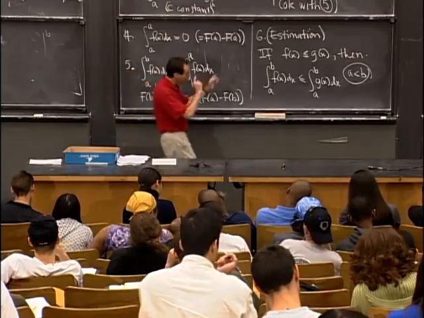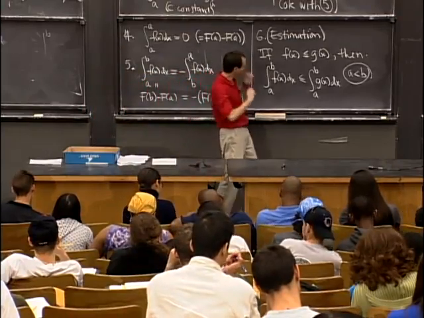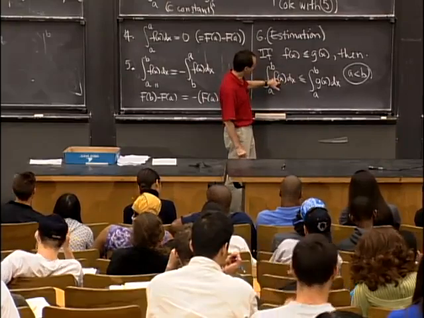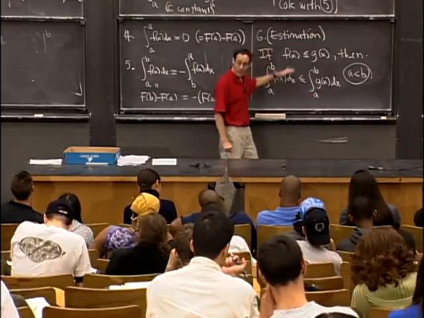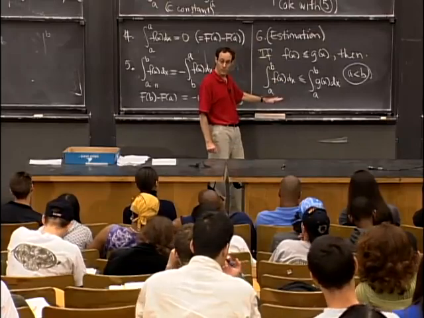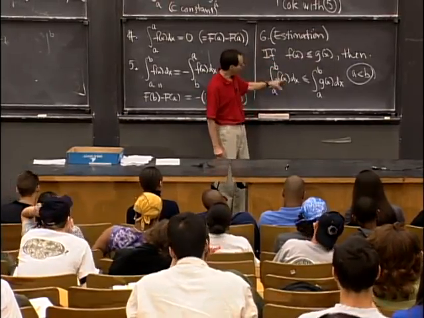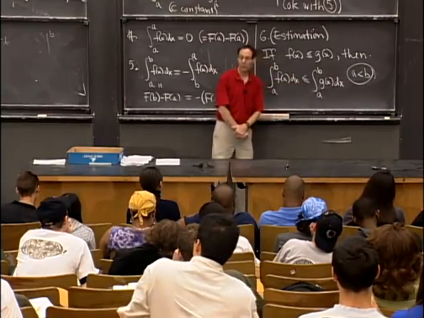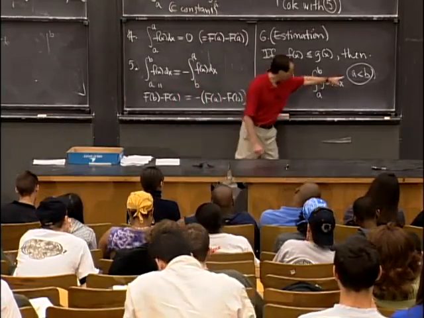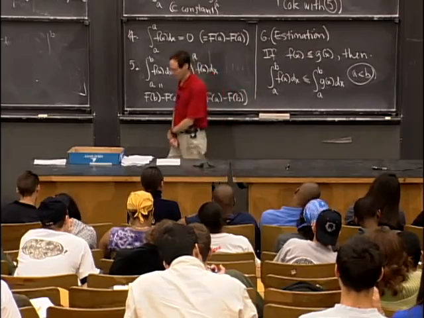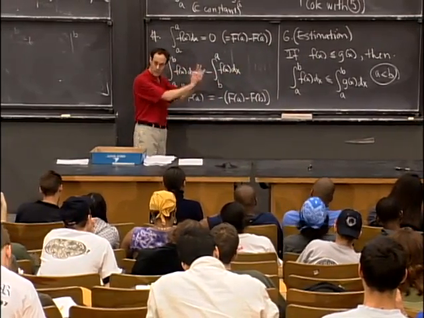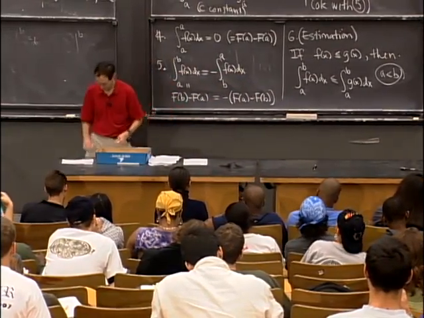But let me just emphasize, because we're dealing with the generalities of this, if f is negative and g is negative, then it also works. If f is more negative than g, then this added up thing is more negative than that one. Again, under the assumption that a is less than b. So it's as I wrote it, in full generality.